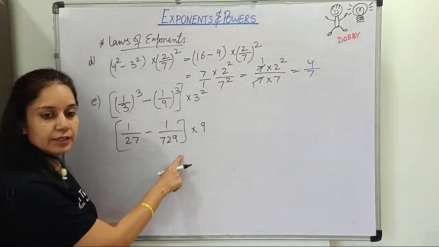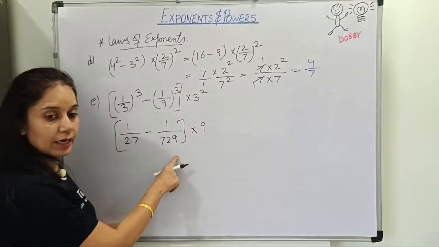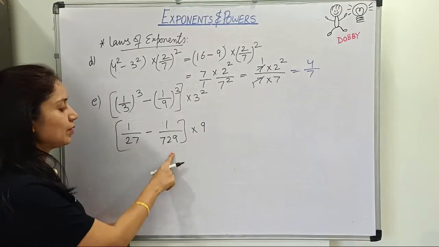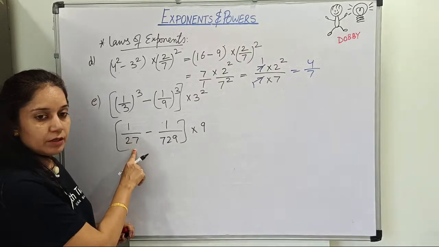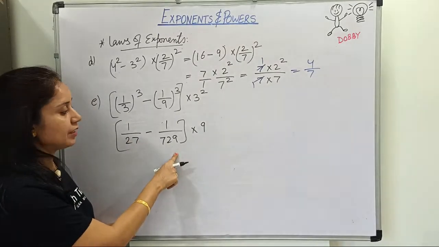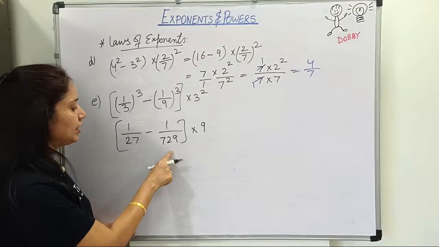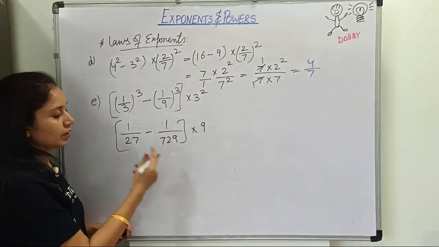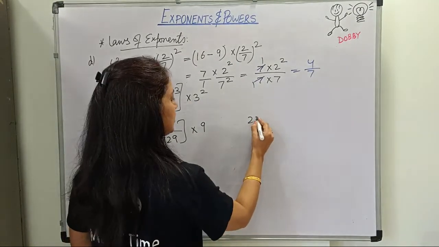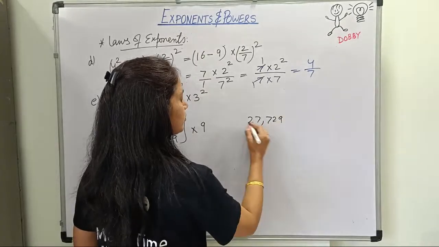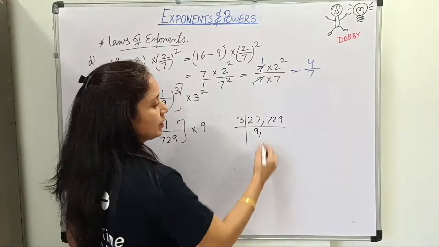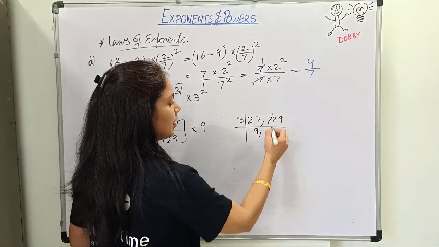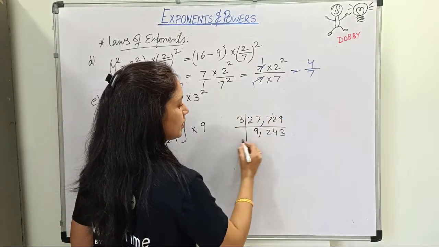Now this is unlike fractions, unlike rational numbers. So let us make them like by taking the LCM. Smaller number and bigger number, if you observe them, 729 is the multiple of 27. You can check out, you can take the LCM. 3 nines are 27. Here 3 twos are 6, 1 left. 3 fours are 12, 3 threes are 9.